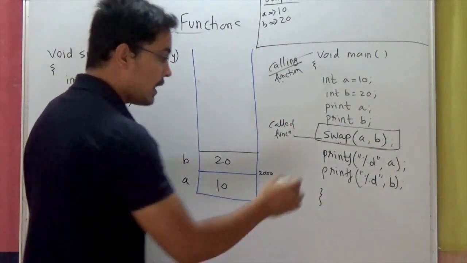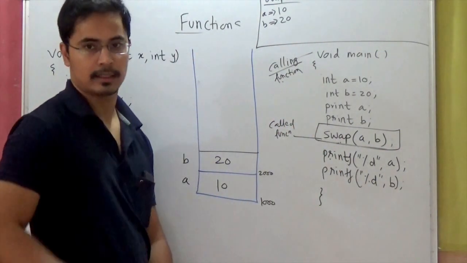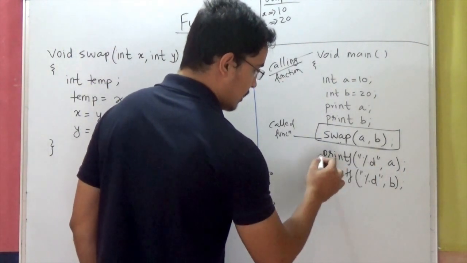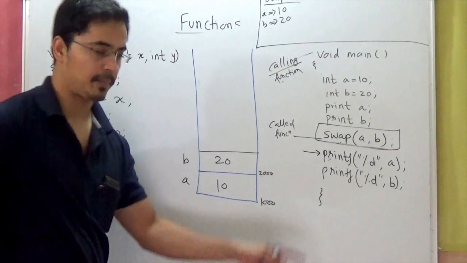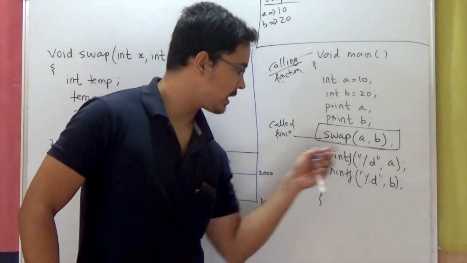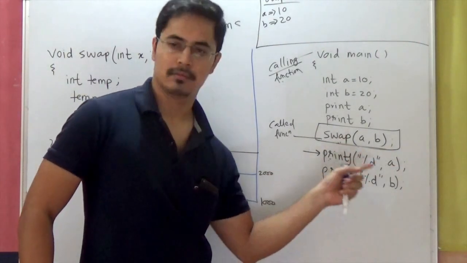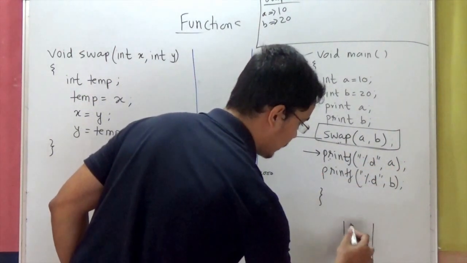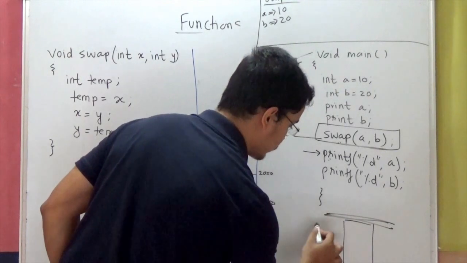What we do is we push the return address, right? The return address is the address of the next step, the next step after the function call, printf this line. This line will also be stored in the code segment, right? You remember that from the last video?